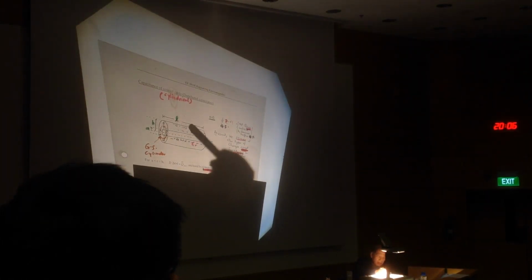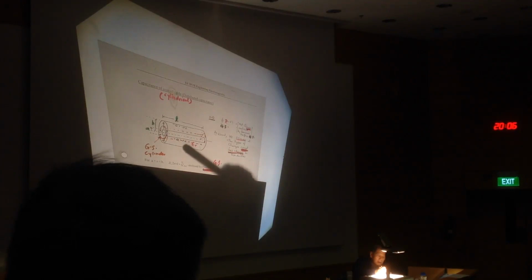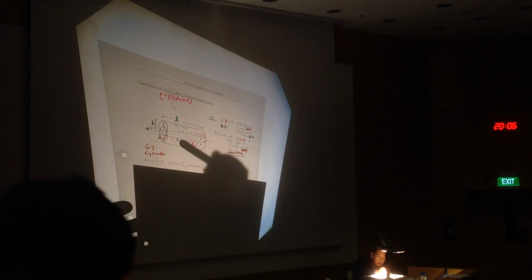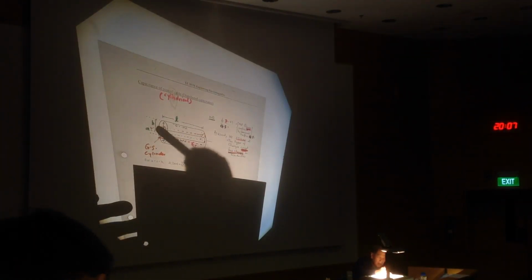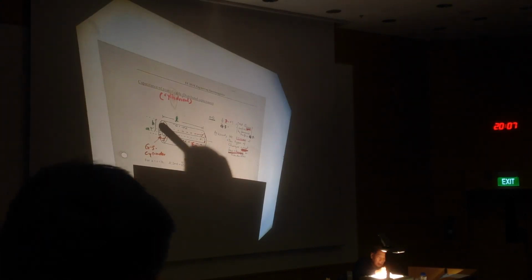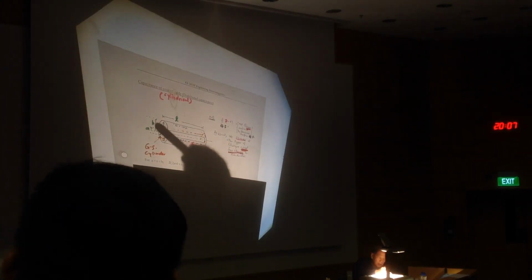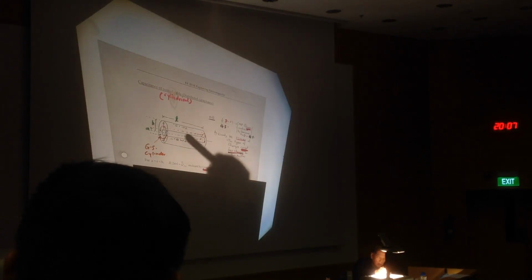Assume the capacitor is of length L, the medium has constant epsilon r, inner radius A, outer radius B. Because of the charges in the conductor, I put Q as lambda L, lambda coulomb per meter.